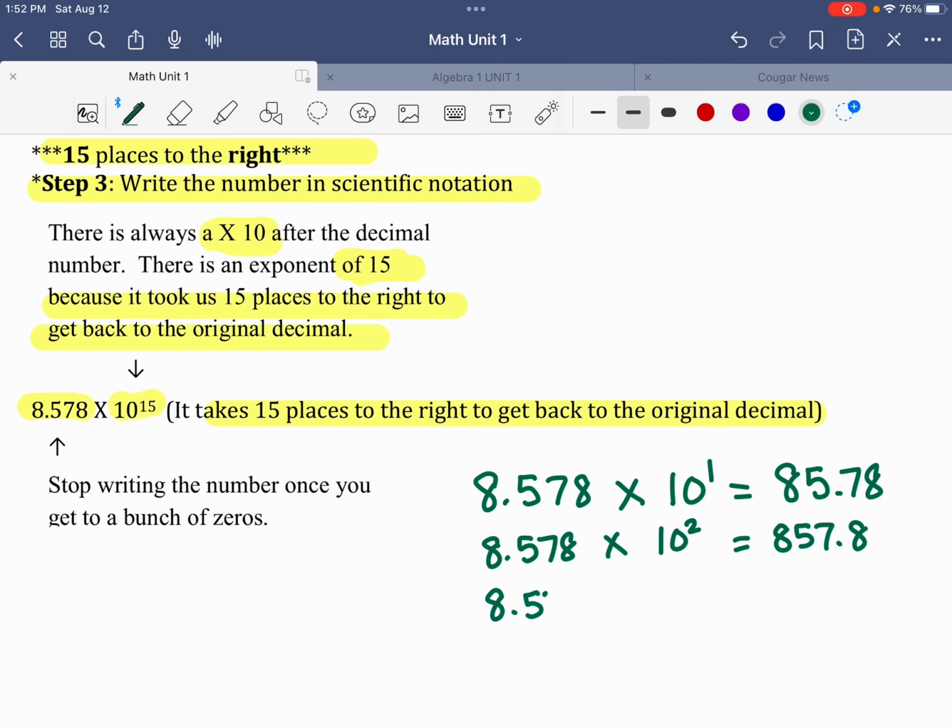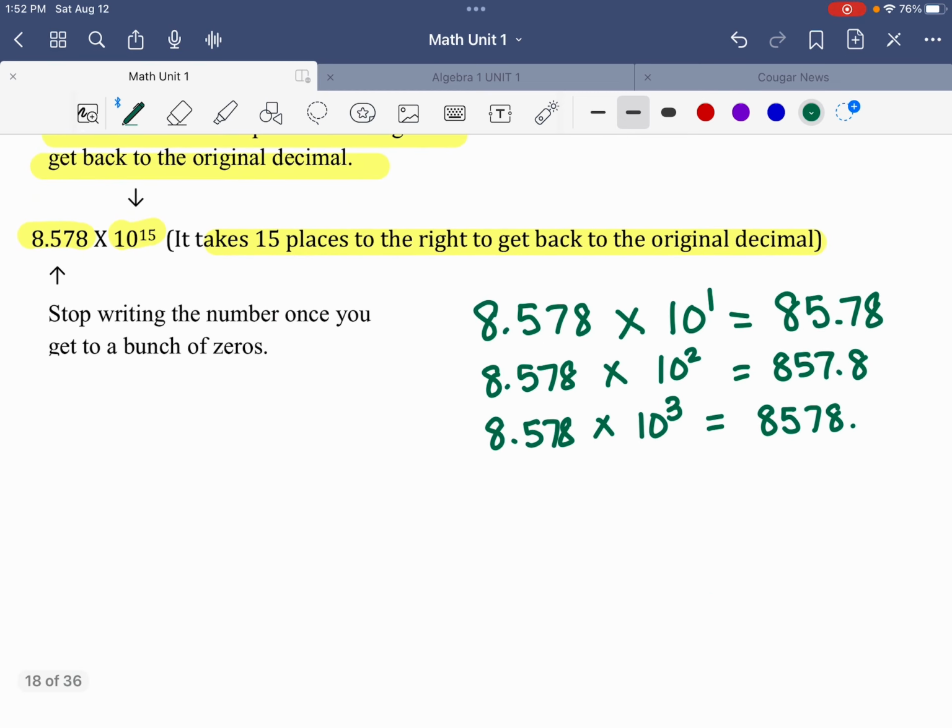If you multiply 8.578 times 10 to the third power, that will move the decimal 3 places to the right. So then your number becomes 8,578, and the decimal's now at the end of all those digits. It keeps on going.